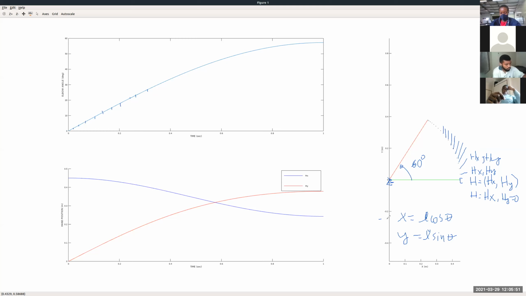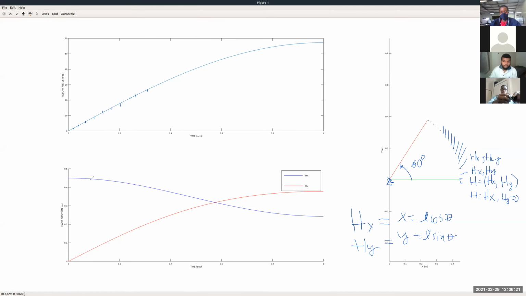So that's why this X is actually your HX and Y is your HY. Okay, so what we are saying here is that whenever the angles change in the joint, your hand moves accordingly like this. Your hand with respect to the Y-axis moves like that. Your hand with respect to the X-axis moves like this, from a bigger number to a smaller number.